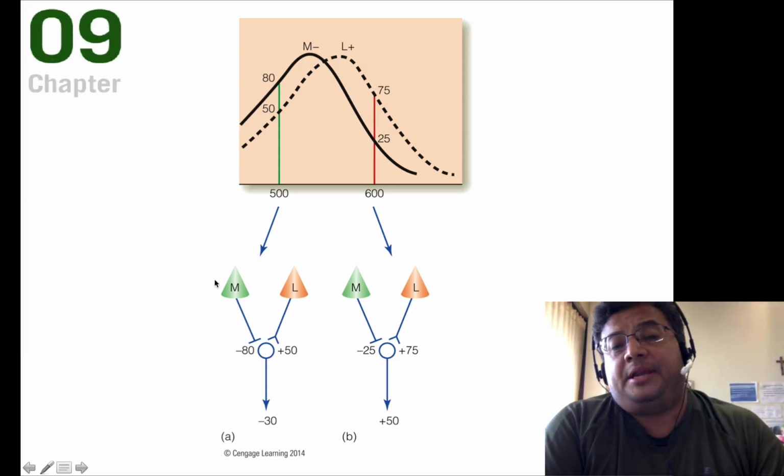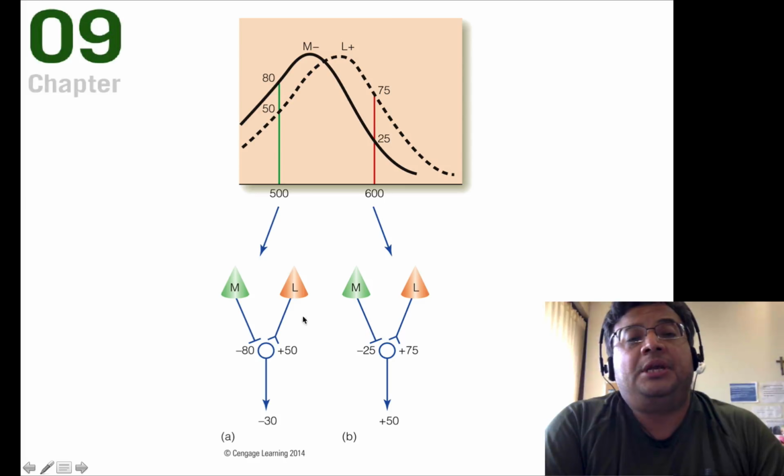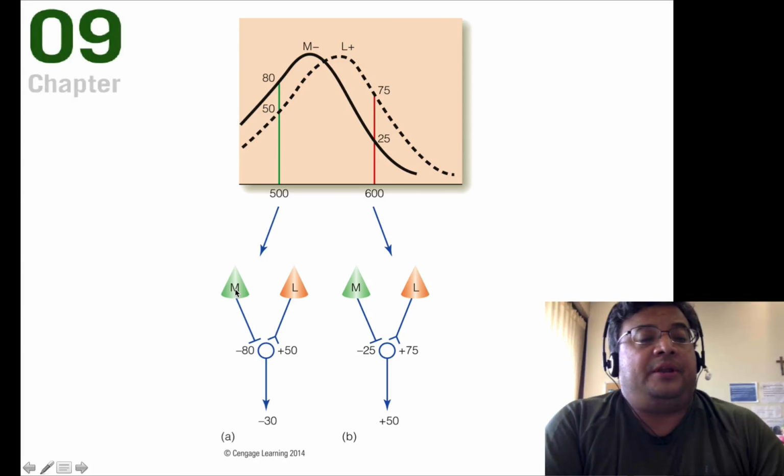So what's happening here, whenever 500 nanometers, which is greenish, hits this circuit, it fires up the green photoreceptor a lot, and a little bit of the red as well, right? But mostly the green. So the green is driven to minus 80 in this example, whereas the red is driven to plus 50.